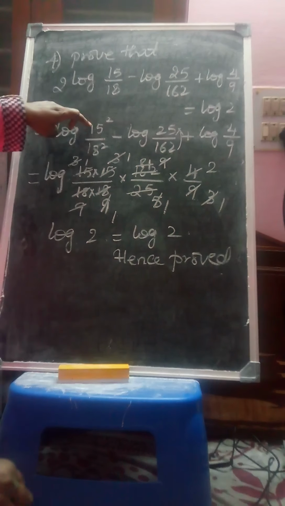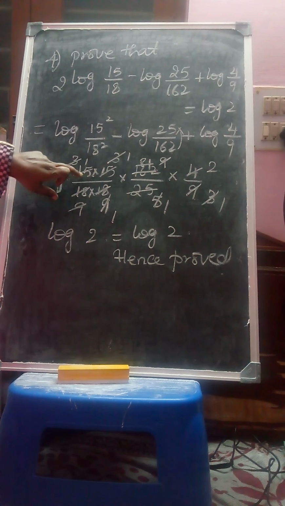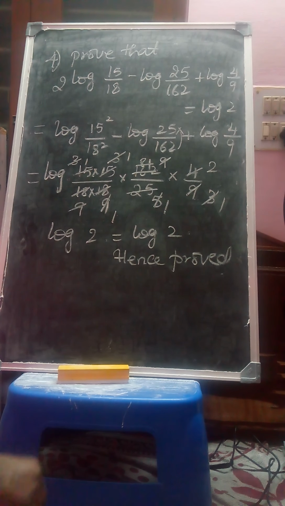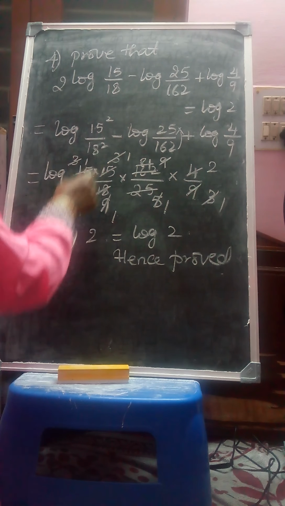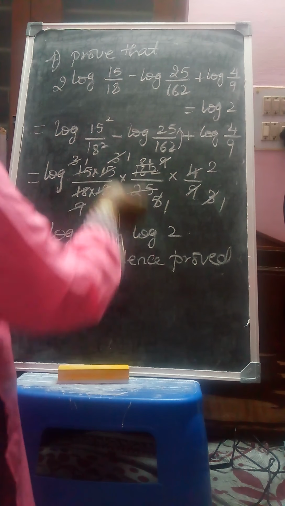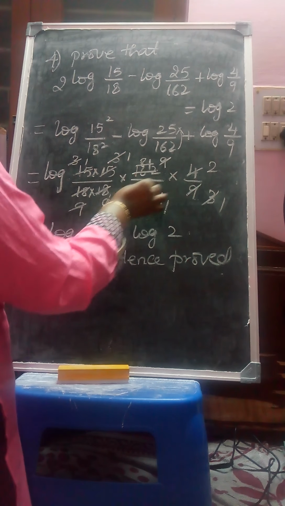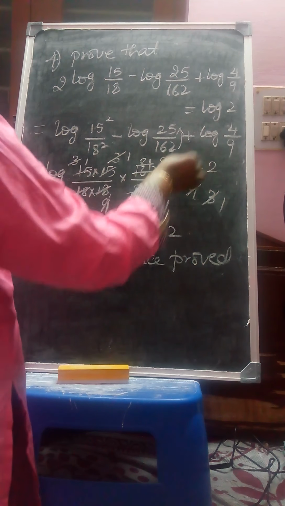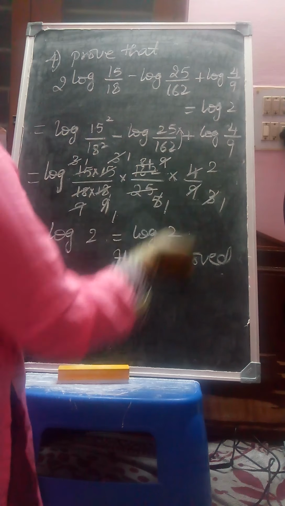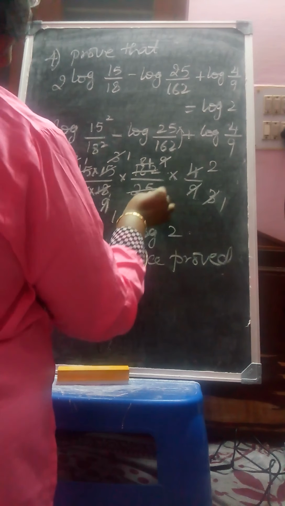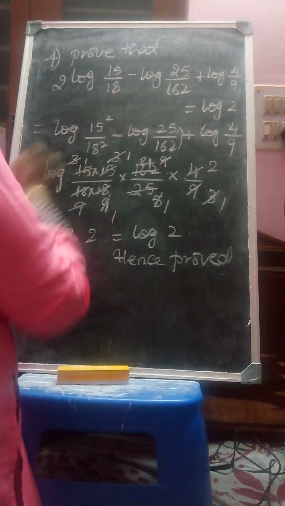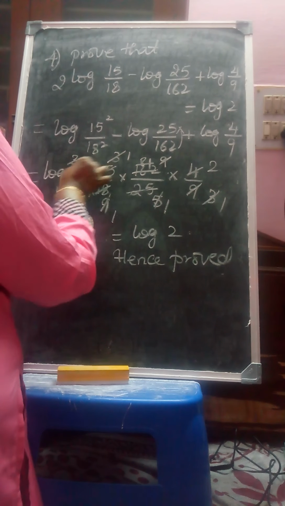Now see here. I have taken 15 square as 15 into 15 because our cancellation becomes easy. Now 18 square I have taken as 18 into 18. Now since this is minus, I have taken a reciprocal, 162 by 25, and here it is a product log, so 4 by 9. Okay. Now here I took 5 5s are, 5 3s are, 5 1s are, 5 3s are.